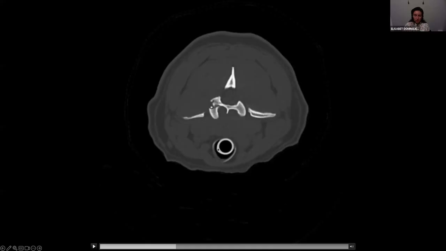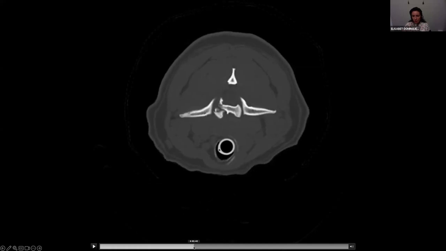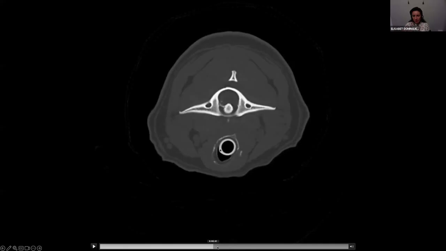So this is a comminuted fracture with the largest fragment being ventrally displaced. And in general, the vertebra is a little bit dorsally displaced towards the vertebral canal. As we move more cranially, we can see the multiple small bone fragments that are visible at this level.